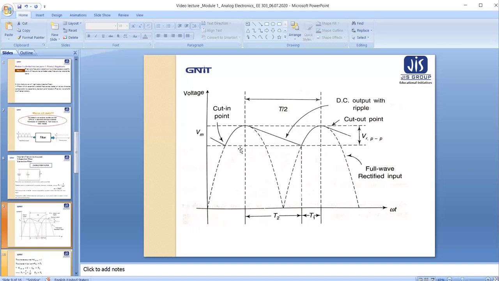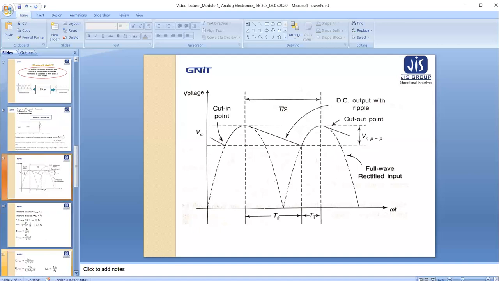Thus we can remove the unwanted ripples from the rectifier output. Here the ripple is designated as VR peak to peak. This portion is the peak to peak ripple voltage.